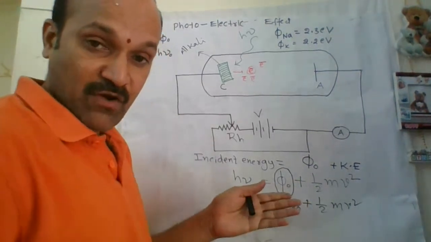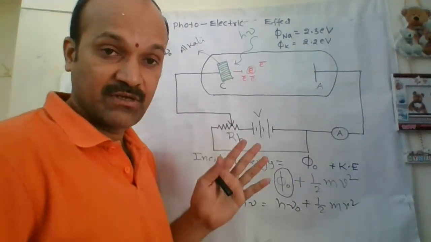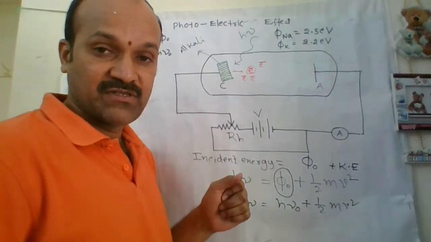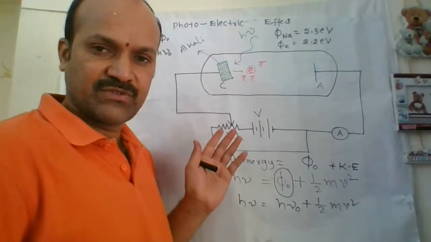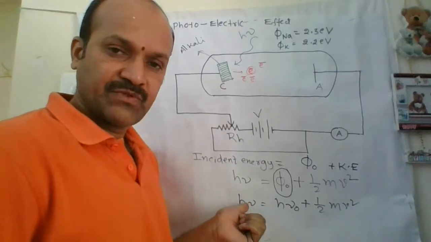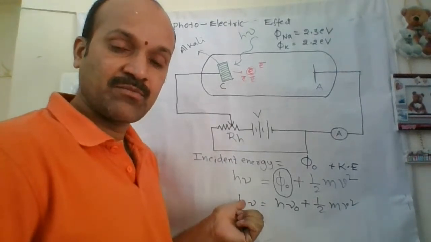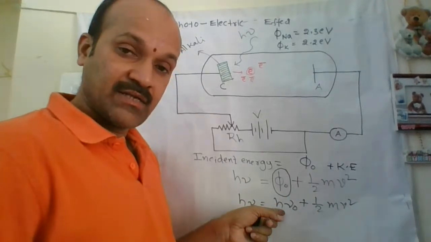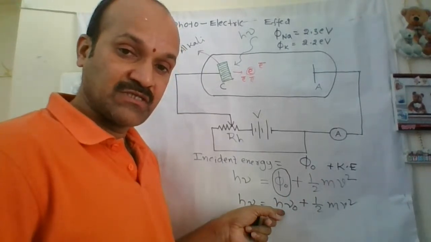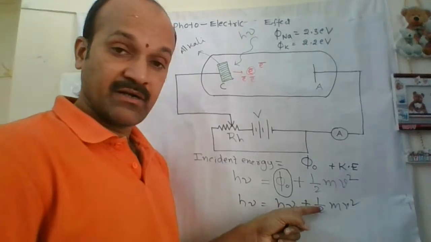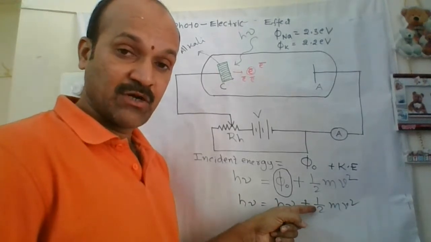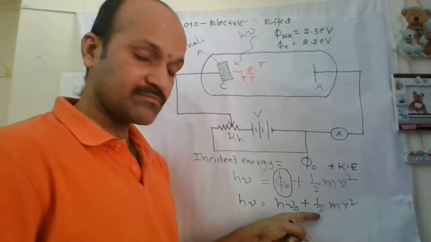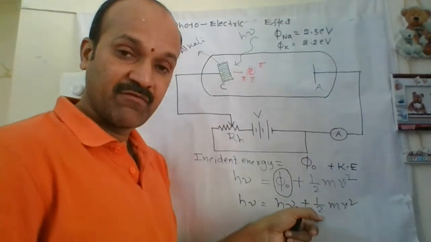But how do we measure the velocity of the electron in the given experimental setup? Sufficient energies are made incident on the metal, the electron absorbs this energy, is emitted out of the metal, and moves with velocity v, having this kinetic energy.